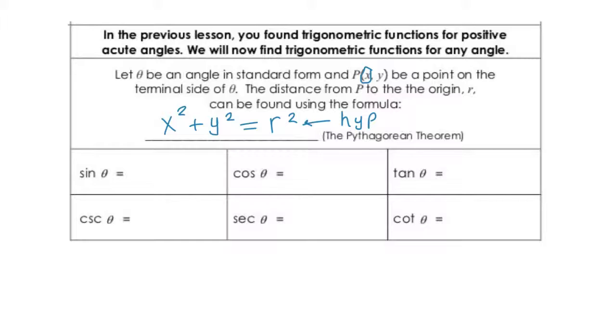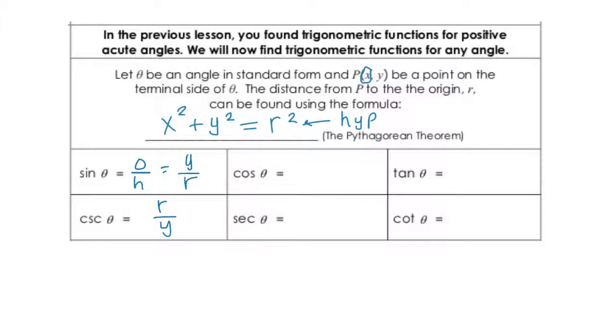So the way that we're going to relabel these is, with sine, we know we had opposite over hypotenuse. But when we go around the Cartesian plane, we're going to relabel that to be y over r. And so that would automatically imply that cosecant is r over y.